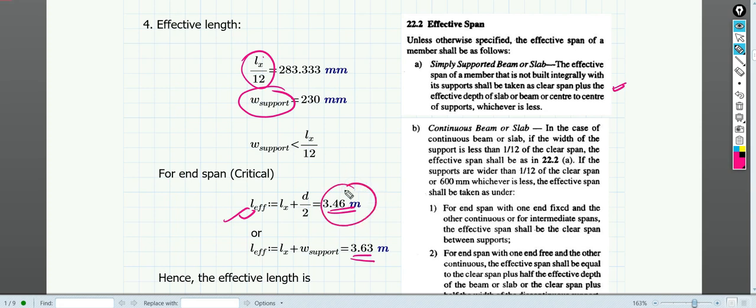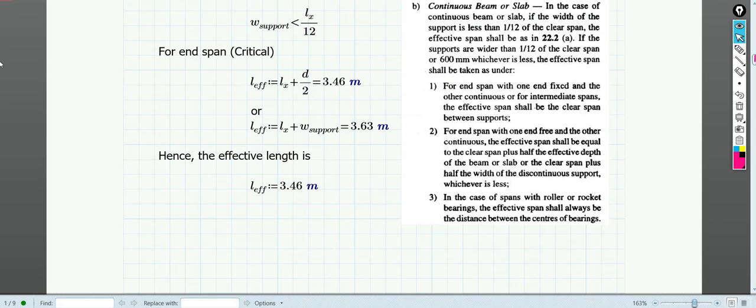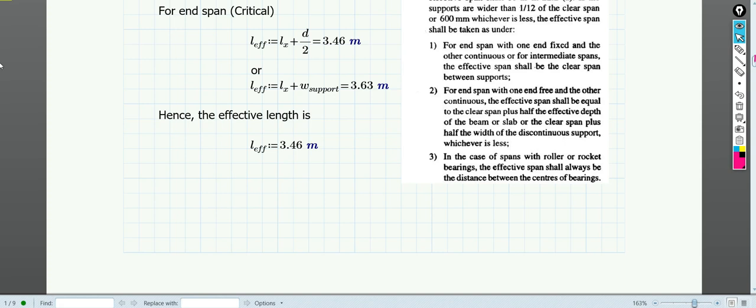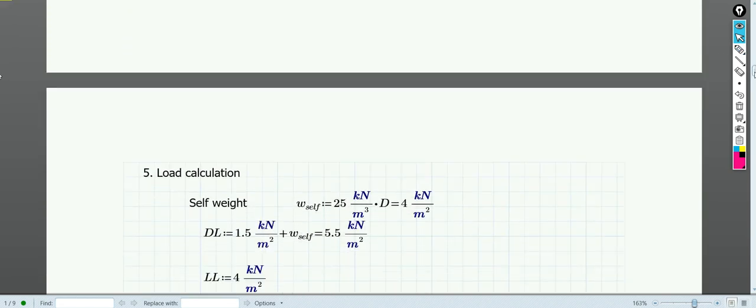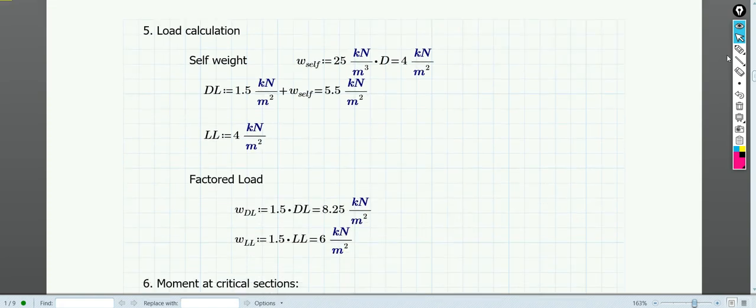Whichever is less, so this is the lesser one, that will be taken as your effective span. So the effective span is 3.46 meters. Please go through these clauses, and if you do not understand any clause, then let me know.